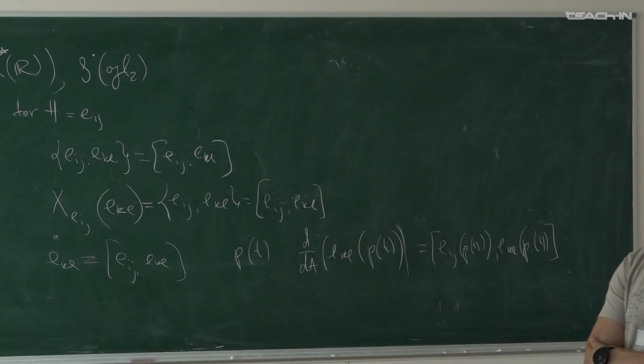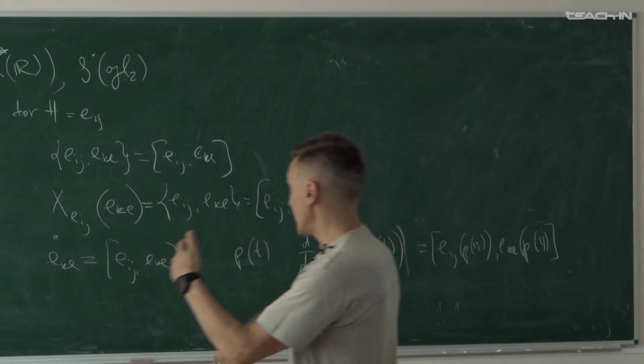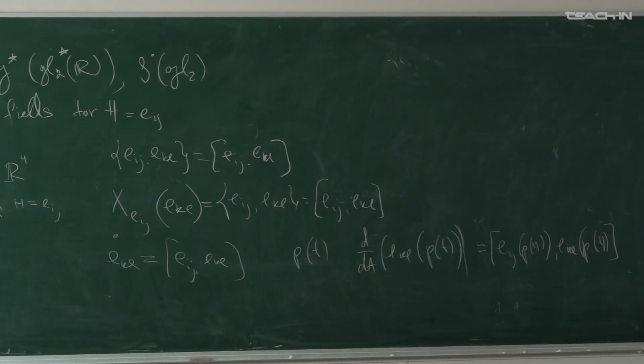So this P is a trajectory. Yes, P is also a matrix if you want.